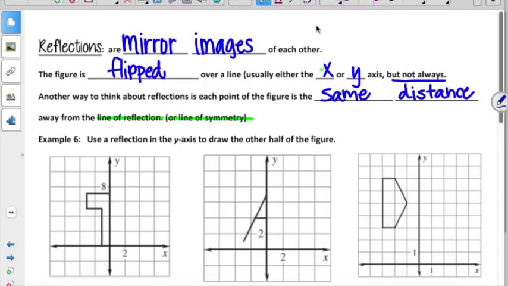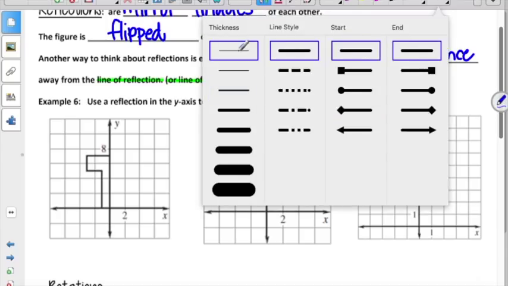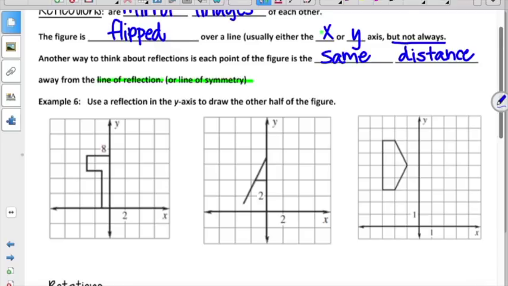Make it look exactly like it does on the left to create that mirror image. Okay, so we have a bubble letter T. The second one, again, the y-axis is our line of symmetry or line of reflection. So we're going to make it look exactly the same on the right as it does on the left.